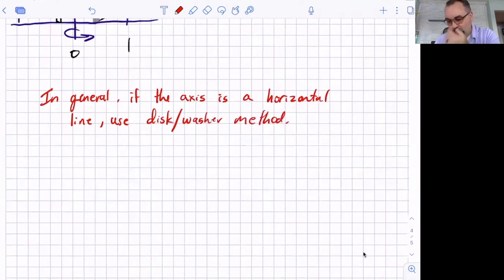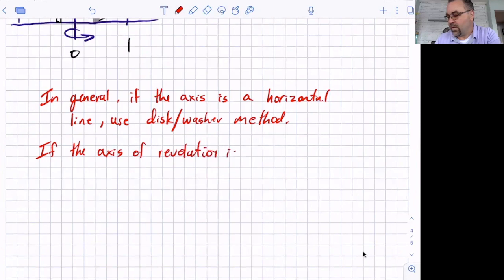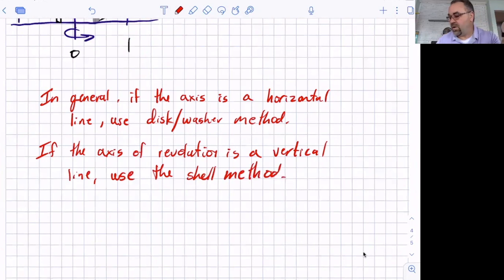If the axis of revolution is a vertical line, use the shell method. And that will always keep you integrating with respect to x, and your representative rectangle will always be a vertical rectangle.